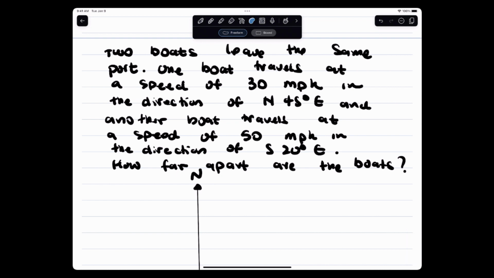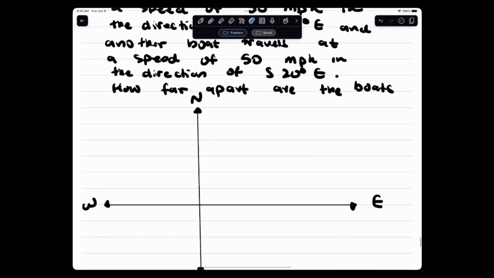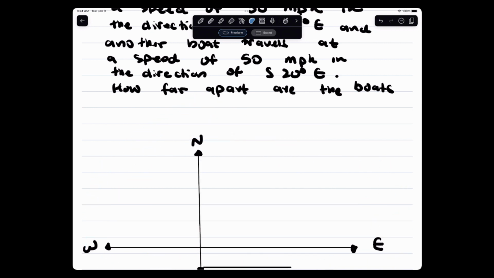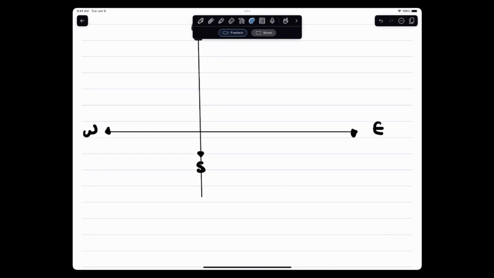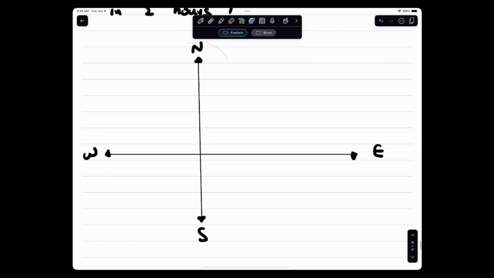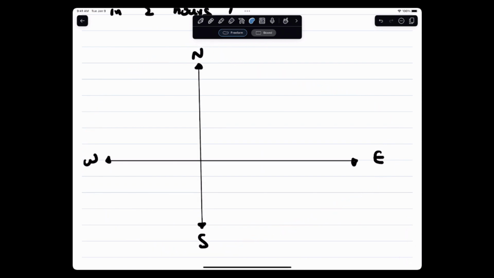How far apart are the boats in 2 hours? Okay, so here's what I'm going to do here.